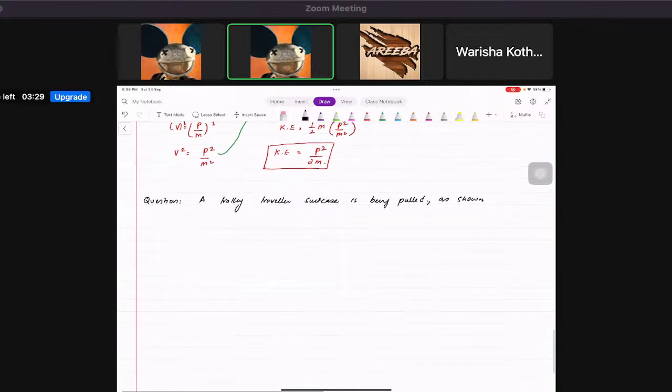So there is a traveling bag which is at 60 degrees. Force is 100 newtons, and it moves a displacement of 5 meters. Okay, like that.